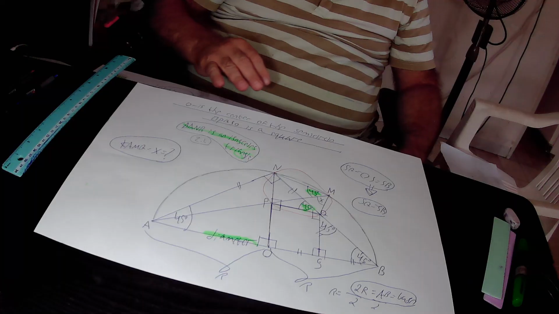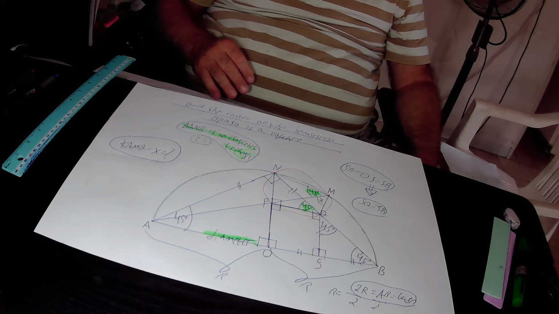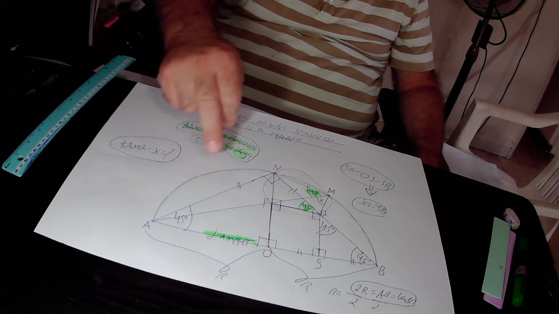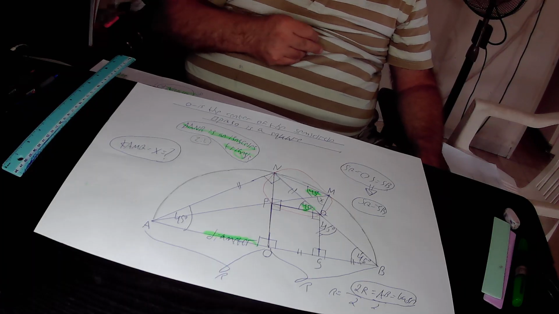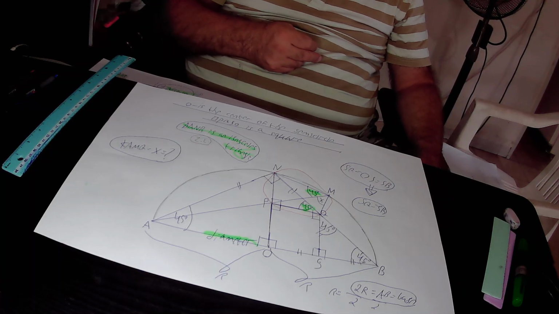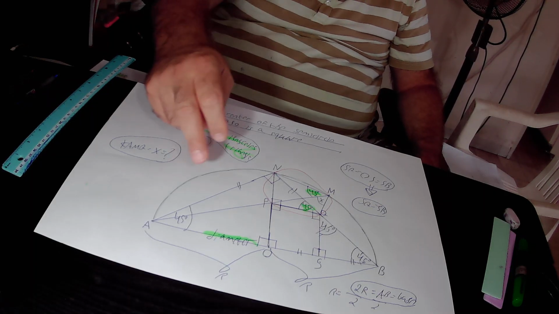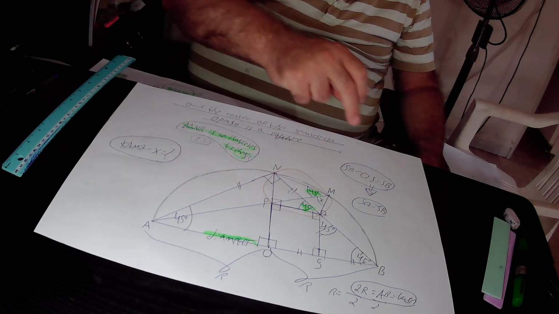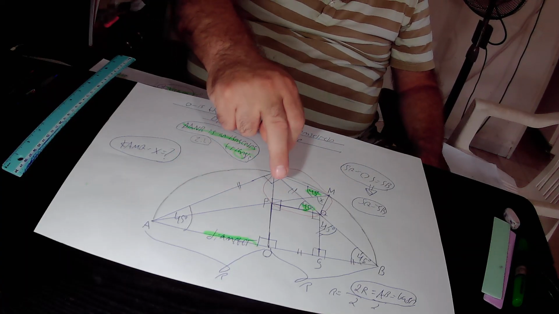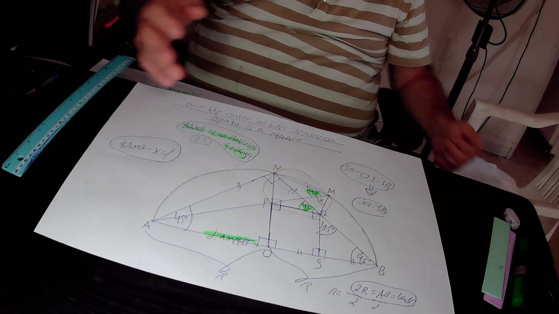Here we can implement rule 24 in the isosceles triangle ANB. According to rule 24, the perpendicular to the base of an isosceles triangle bisects the base. The base of triangle ANB is AB, so the perpendicular from point N to the base AB bisects the base AB.